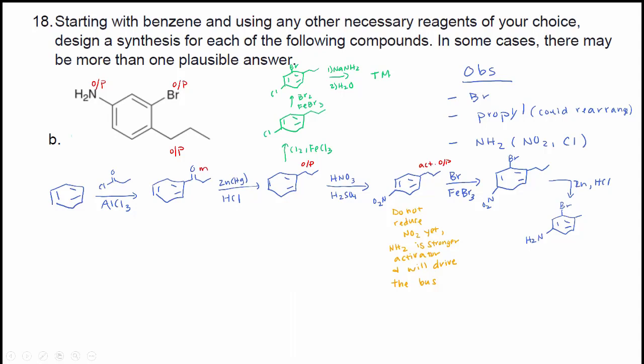So that's another option. And if you wanted to put the bromine on first instead of the carbon, you could also do that, which would be fine because the bromine is an ortho para director.